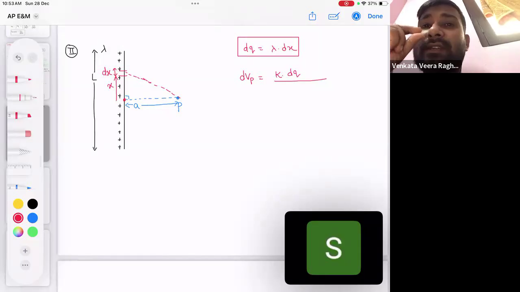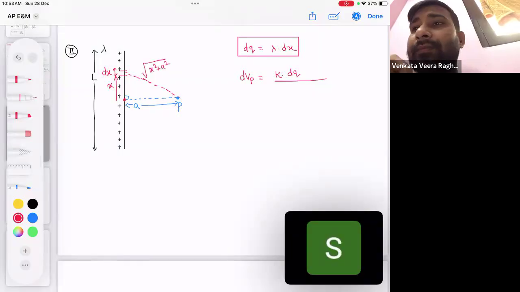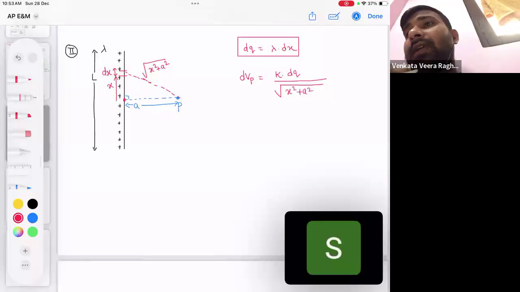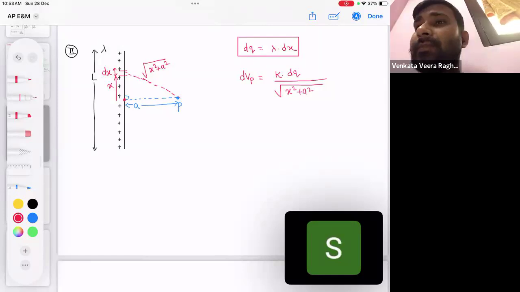A rod is a distribution of charge, but if I consider a small part of the rod, it will act like a point charge. Can you tell me what this distance is? Is it under root of x square plus a square? The small potential at this point will come k dq by under root of x square plus a square.